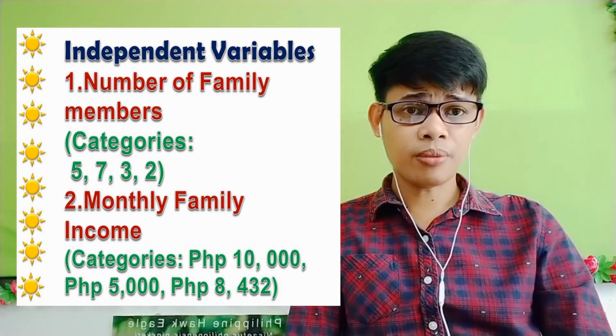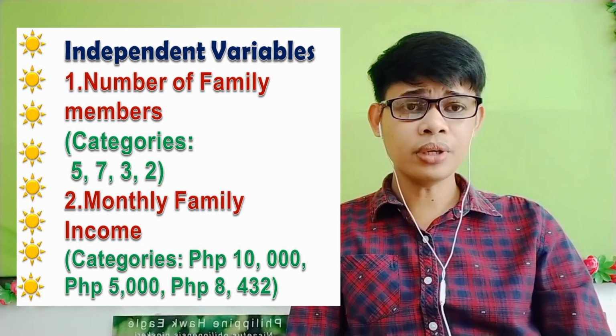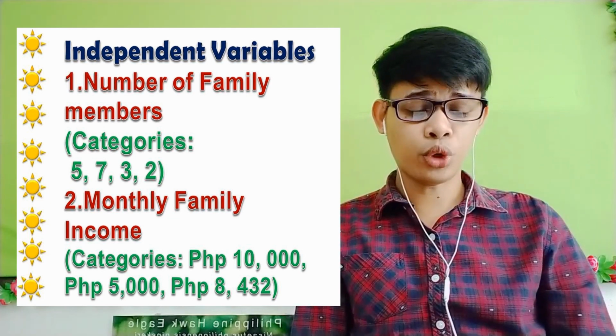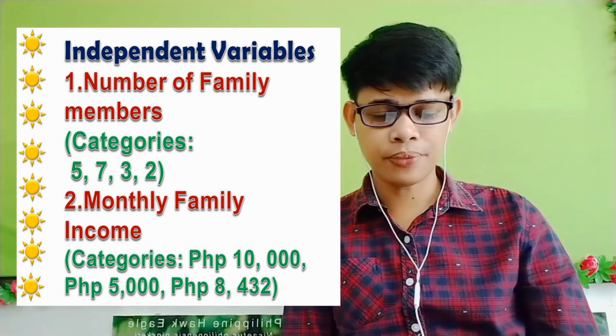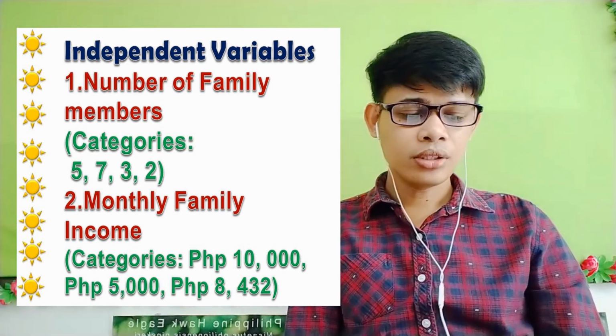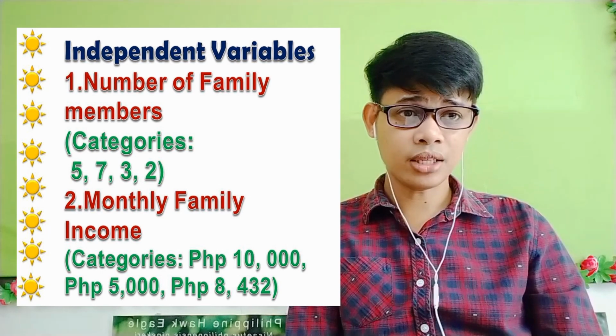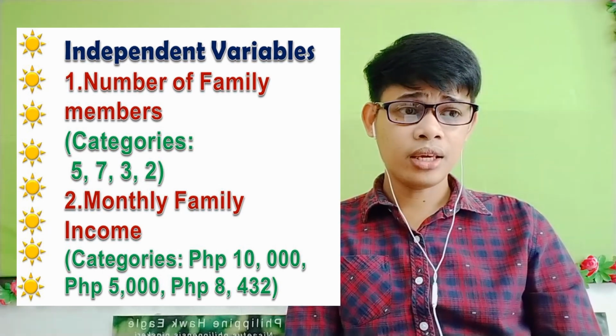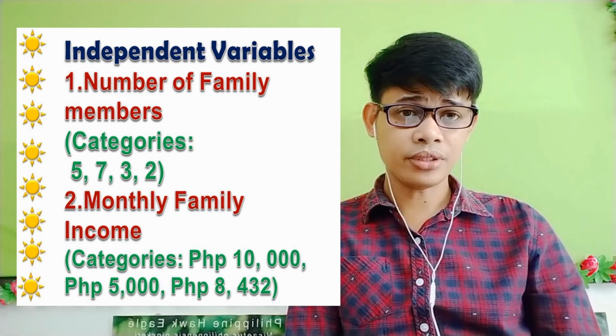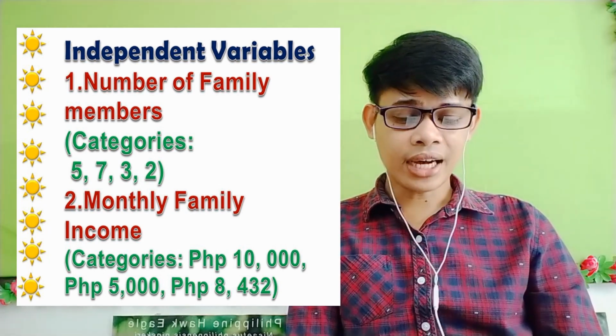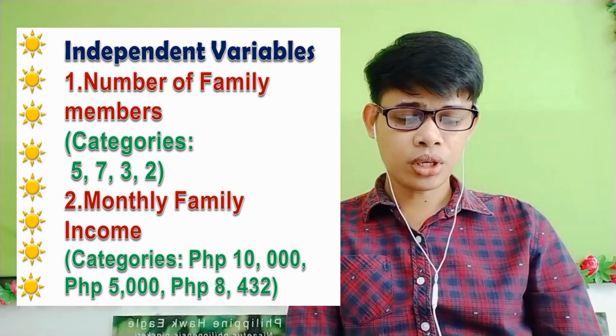But you need to remember that a variable needs to be categorized in that it has 2 or more values, as mentioned earlier. Okay, so that's how you are going to identify the dependent and the independent variables in your non-experimental research. And more of that will be tackled as we answer question number 3.